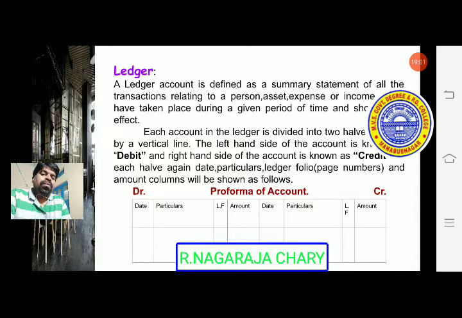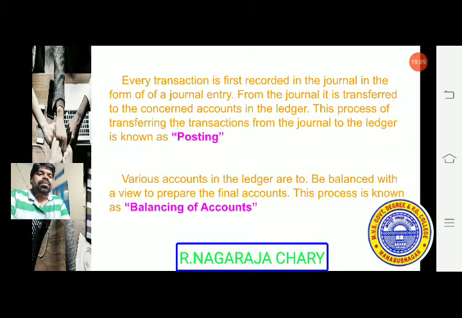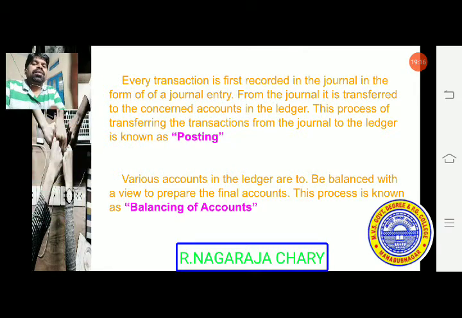After posting into the concerned account we have to balance. Here we see every transaction is first recorded in the journal in the form of a journal entry. Yes, that we know.